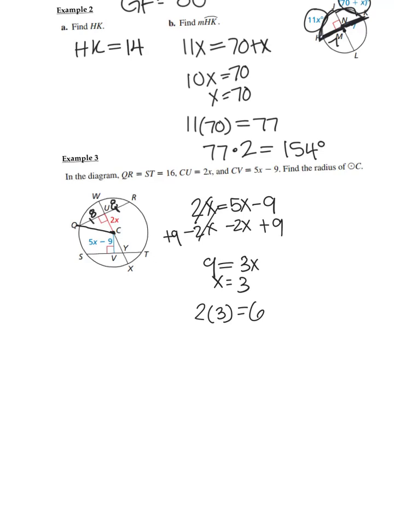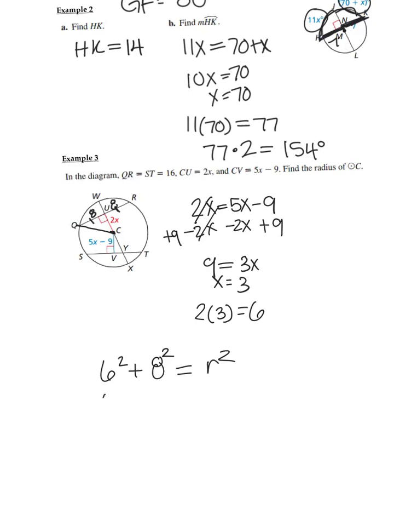And I now know 2 sides of my right triangle, so I can just find the third side using the Pythagorean theorem, right? So I already know that this side length is 6, right? So I'm just going to do 6 squared plus 8 squared equals r squared, which in this case is the radius. And then I'm just going to solve for r.